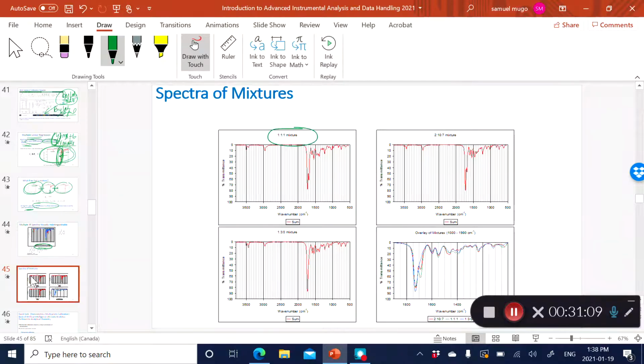Say standard 1, I mix in proportions of 1 to 1 to 1. Standard 2, I mix in different proportions, and so on. And then after that, I run them on the FTIR, and I would get different types of signals. And then based on these standards that are in a mixture, I can use statistical tools.